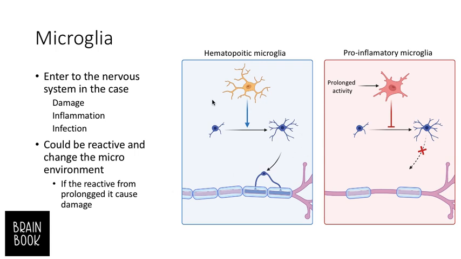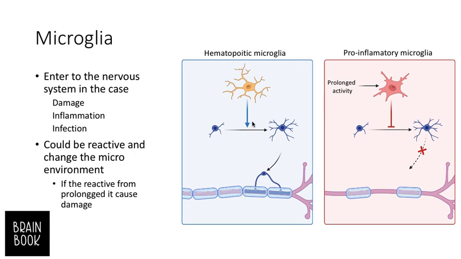As you can see here, we have a hematopoietic microglia, and this kind of microglia helps the oligodendrocyte to mature and have a myelination effect on our neurons and to protect our nervous system, exclusively here our central nervous system.